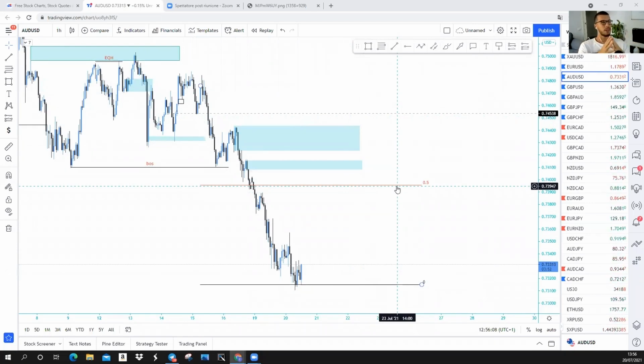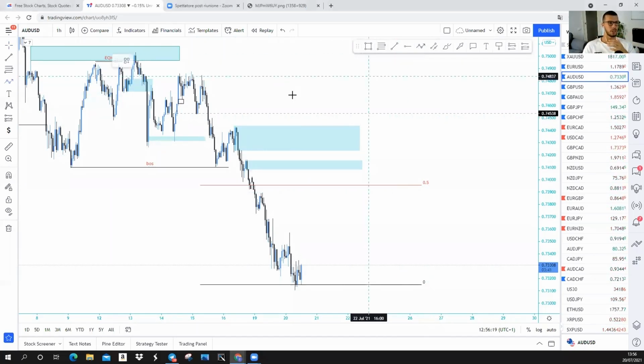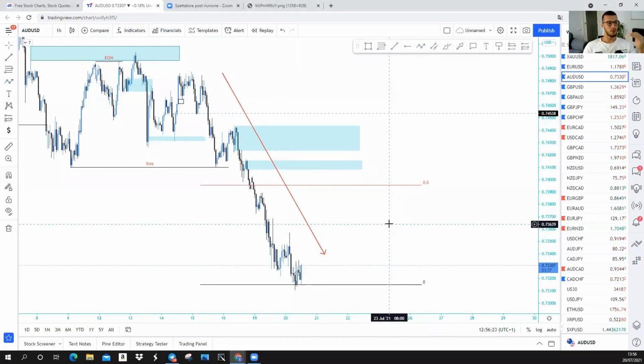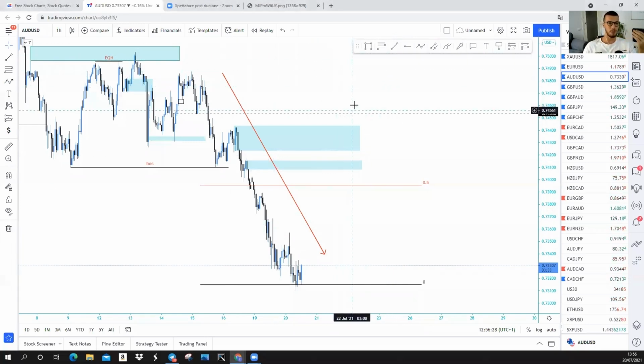But anyway, the reason why I'm entering at my fib levels is because we are basically taking an overall move, for example, this move right here, okay? And we are finding the areas where the price could be discounted or at a premium to actually enter the trade.